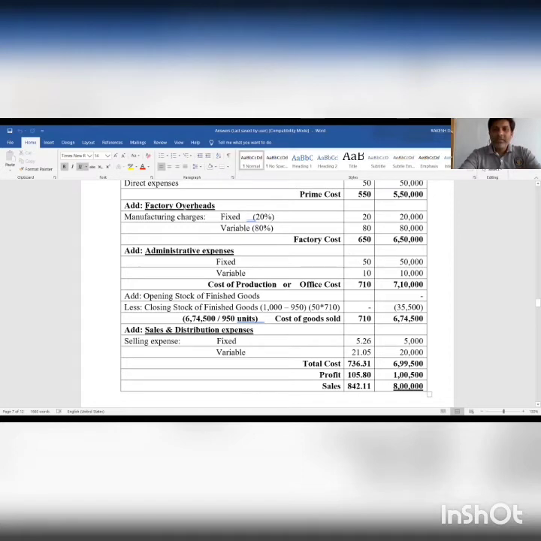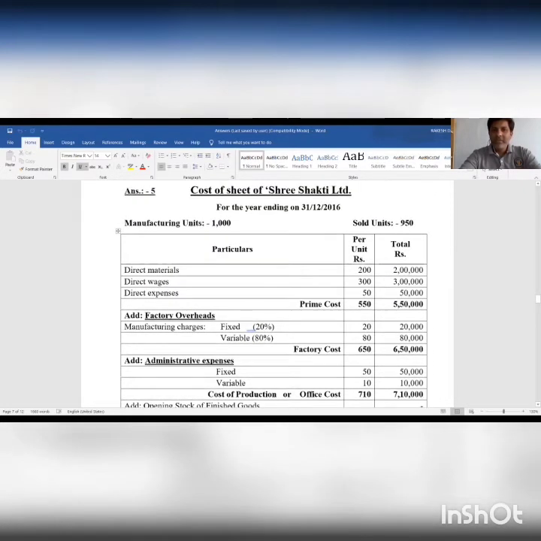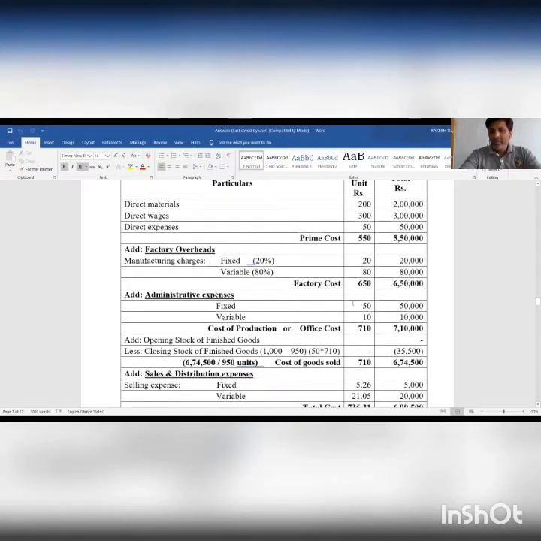So 50,000 divided by 1,000 manufacturing units is rupees 50 per unit as fixed. In the same way, 10,000 divided by 1,000 is 10 rupees per unit as variable. Total administrative expense is rupees 60,000, which is added to factory cost. So we get a total of rupees 7,10,000, and per unit it is 710. This is the office cost or cost of production.